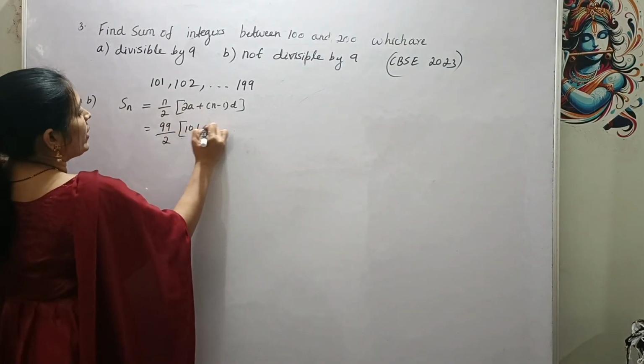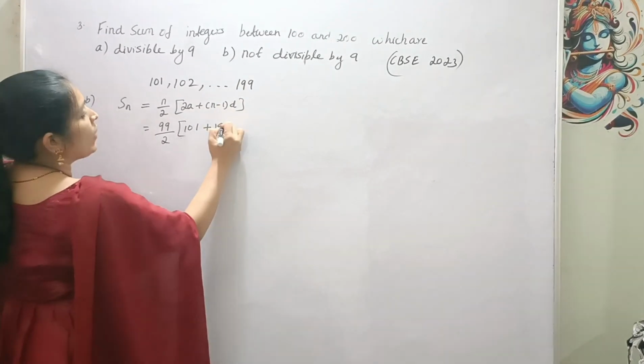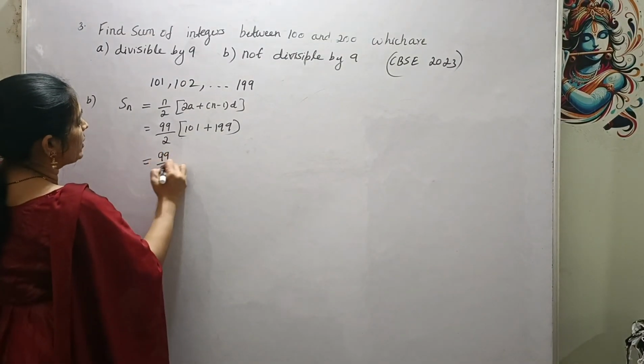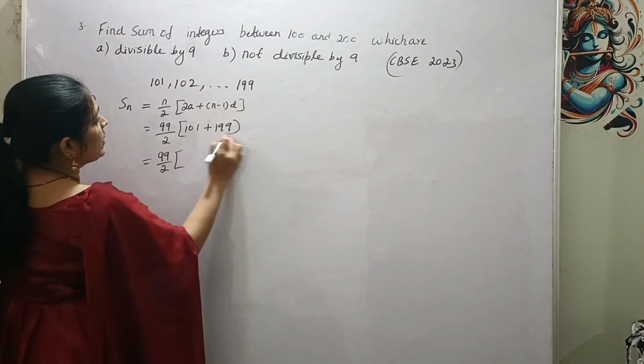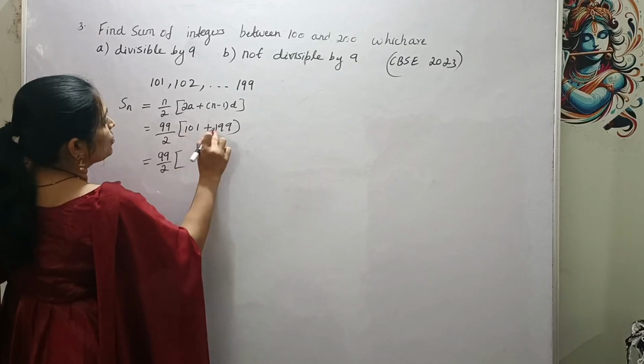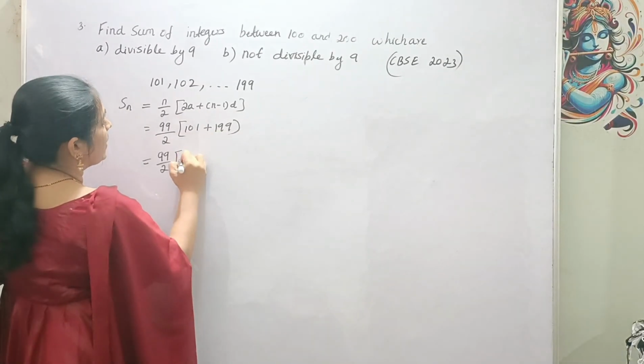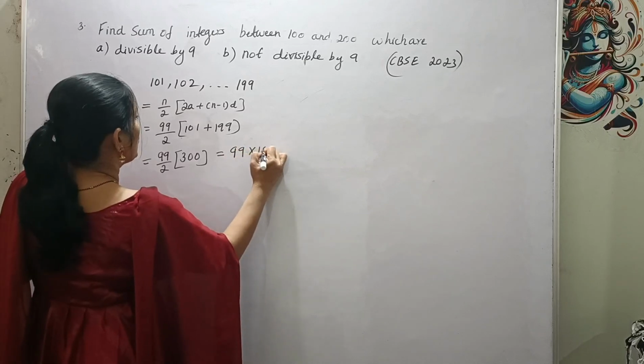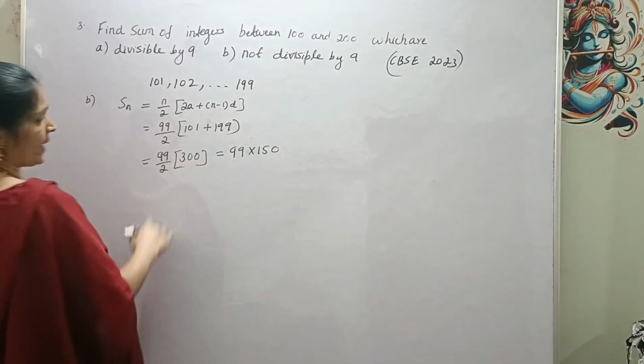That is 101 plus the last term 199. That is equal to 99 divided by 2 into 200 plus 100, 300. That is 99 into 150. Right? 2 is cancelled.